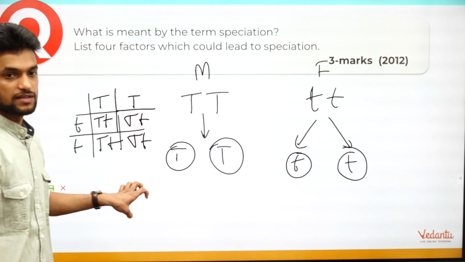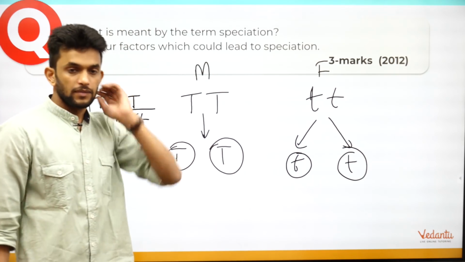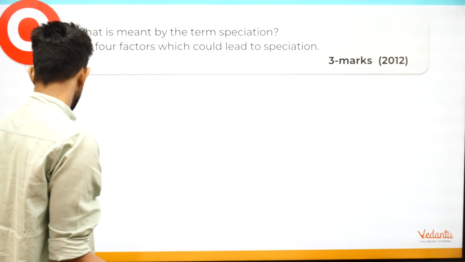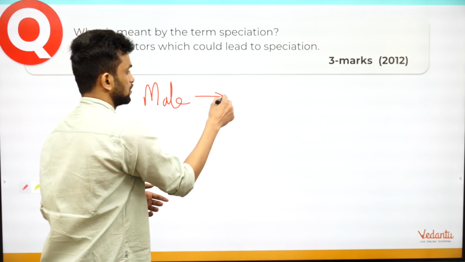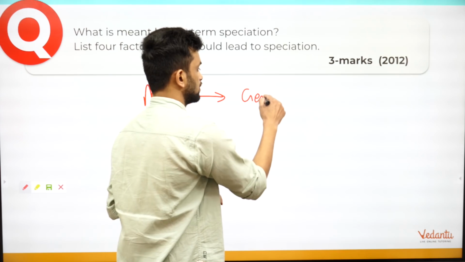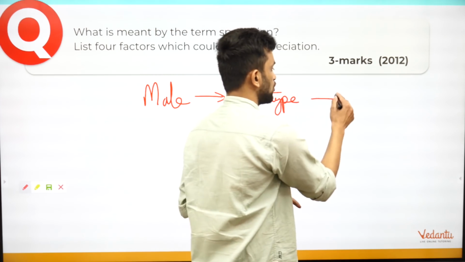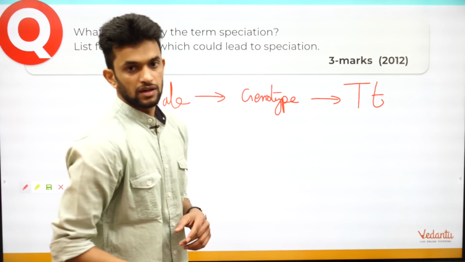People, you need to understand. This will come in as a 2 marker. We'll do it in a question format. I tell you there is a male who has a genotype of, say, capital T and small t.